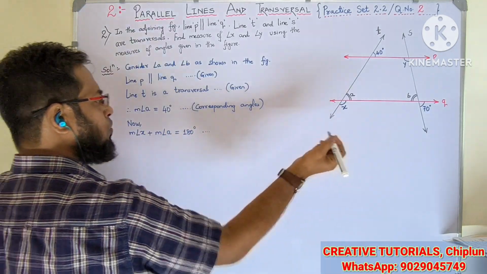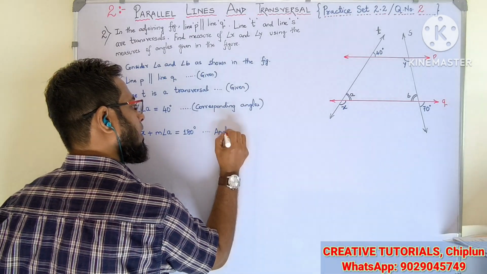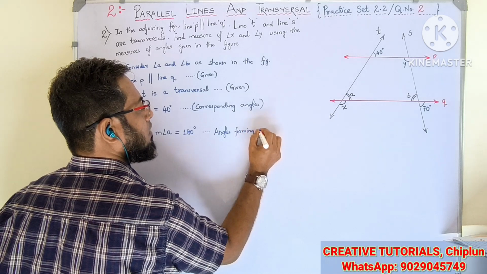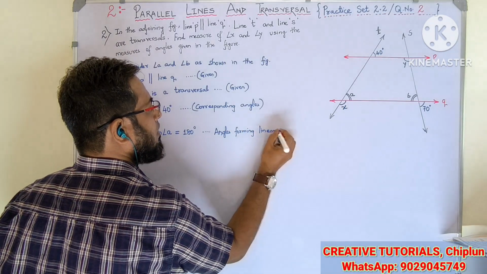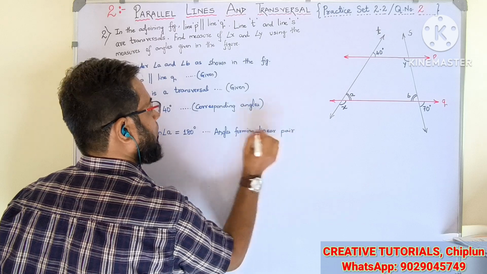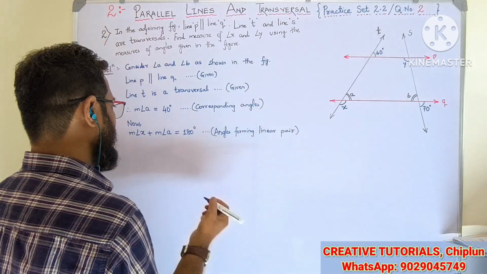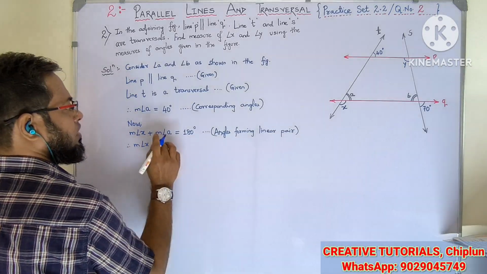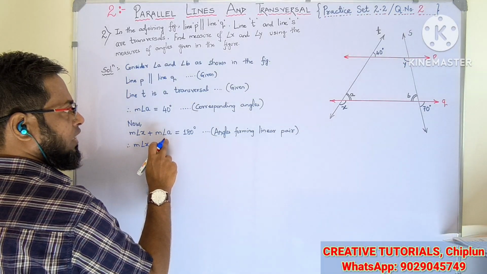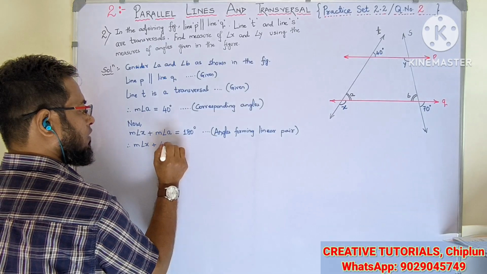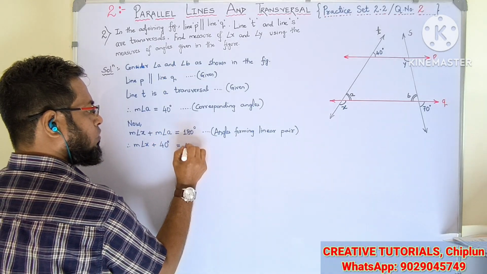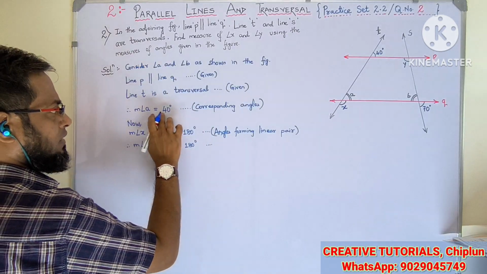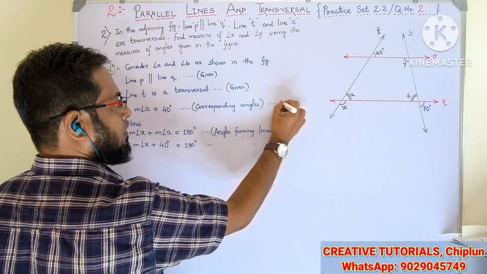I just now explained it to you. So we can write: angles forming linear pair. Therefore, measure angle X plus measure angle A, but measure angle A is 40 degrees, so I will write 40 degrees is equal to 180 degrees. You can write this as statement number 1.